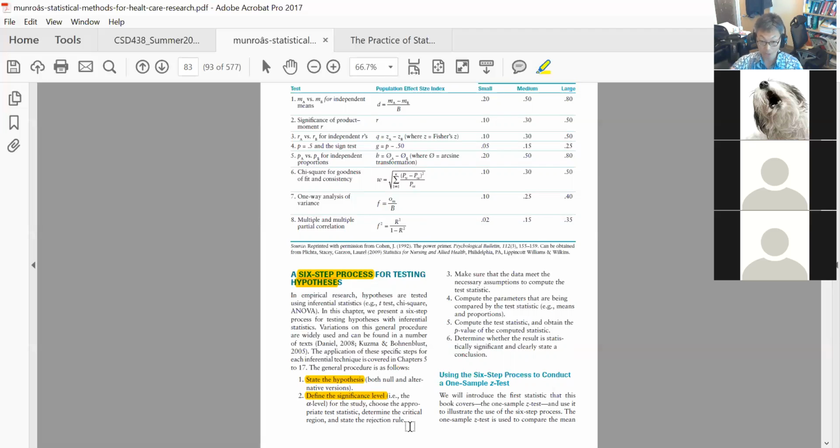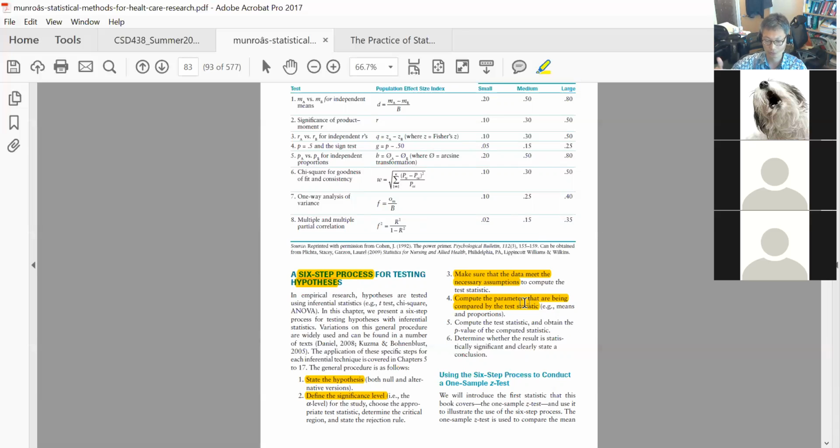I'm going to show you how we set this up later, but we have to define the significance level at the second step and then make sure all the assumptions necessary to compute the test statistic hold. It depends on the different types of testing method, right? And compute the parameter being compared in the test statistic. For example, when we want to compare an average, we have to show the average, but the average itself is not enough to show everything.